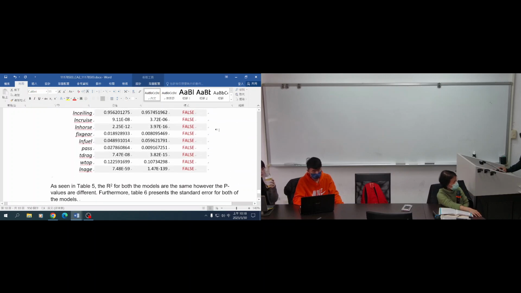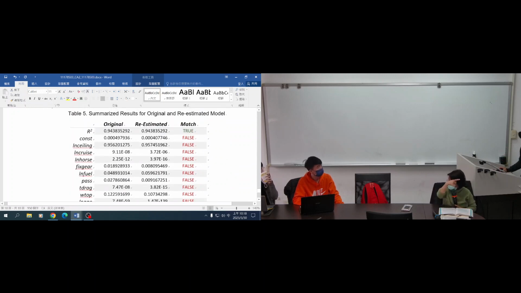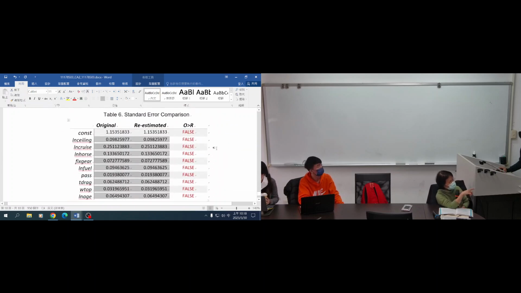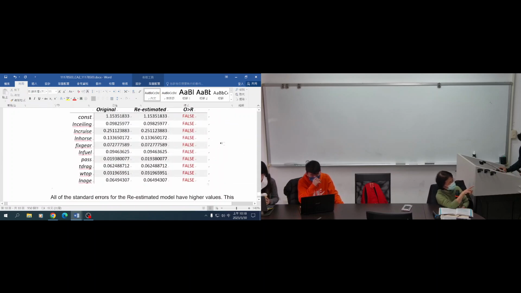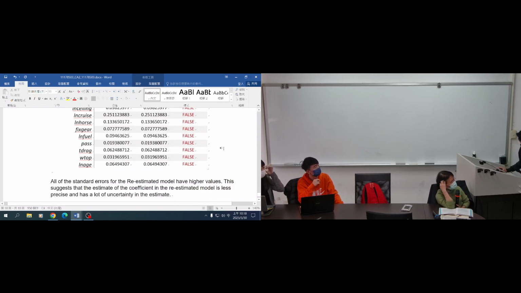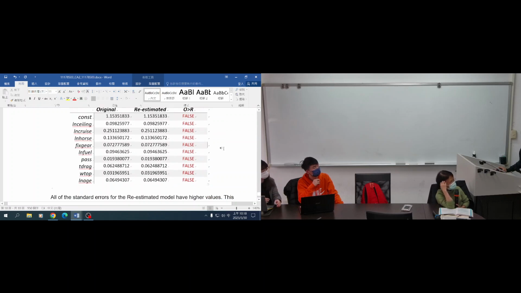Oh, maybe I flipped them. Do you have the same answer as he did for the coefficient estimation? Is this the same one? No? The numbers are different. How different? Is it far away, or just 3 or 4 decimal places different?